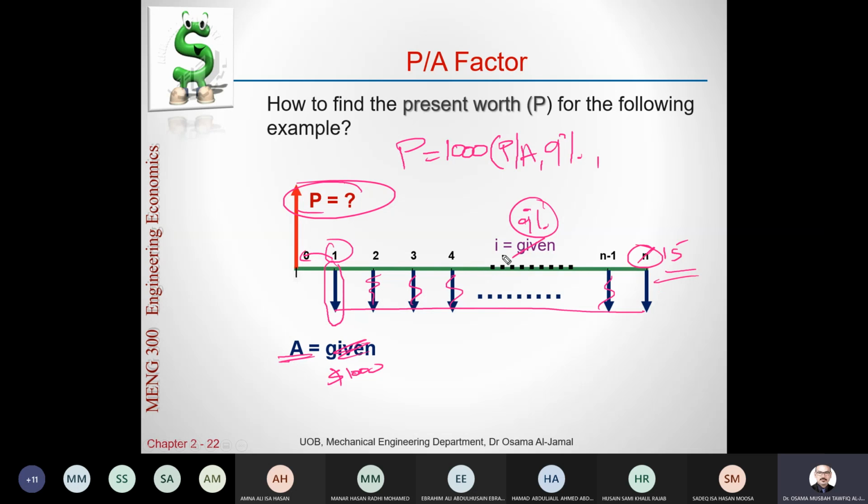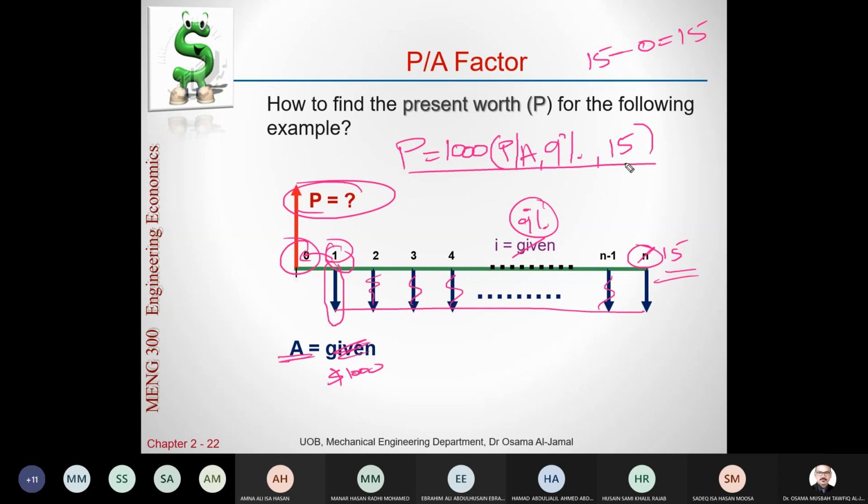It will be 15, which is the last period of the cash flow of that annuity, minus one to the left of the first cash flow of that annuity, which is 0. So we have 15 periods. And from here we can calculate that present worth or present value for this annuity.